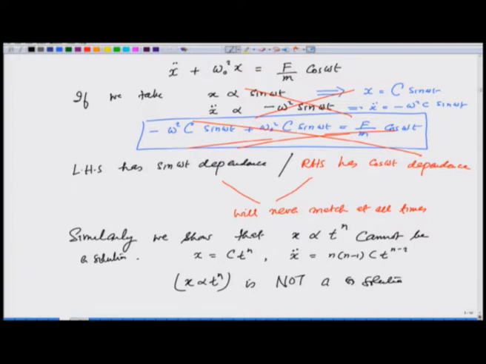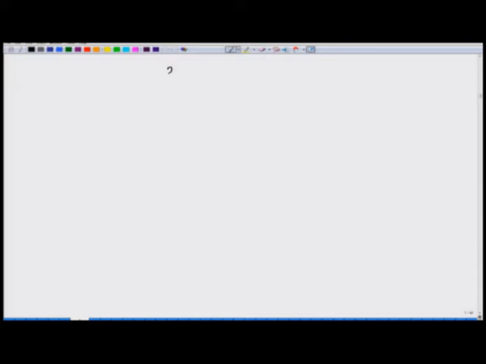So, the only possibility you are left with for this equation, x double dot plus omega 0 square x equals f over m cosine omega t, is that we take x of t to be some constant c cosine of omega t, because in this case x double dot is going to be minus omega square c cosine of omega t.